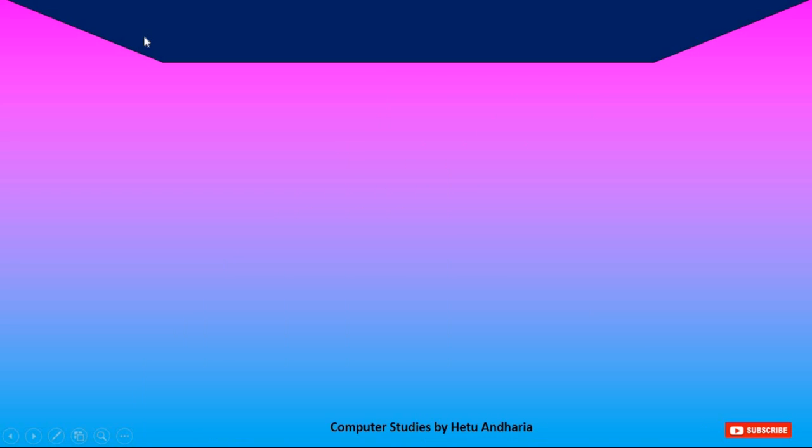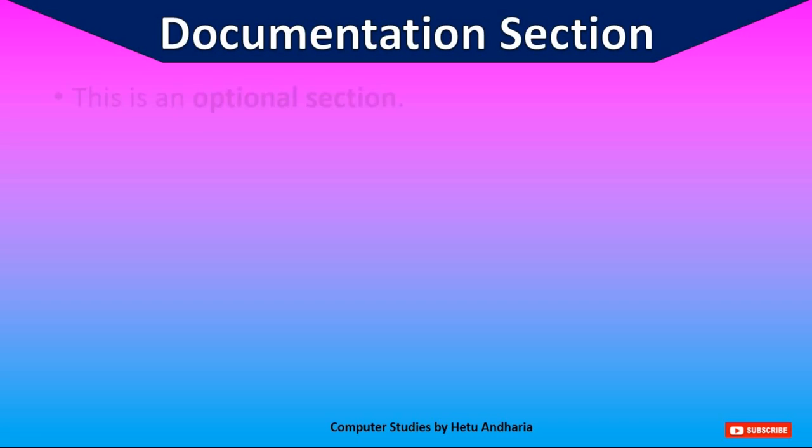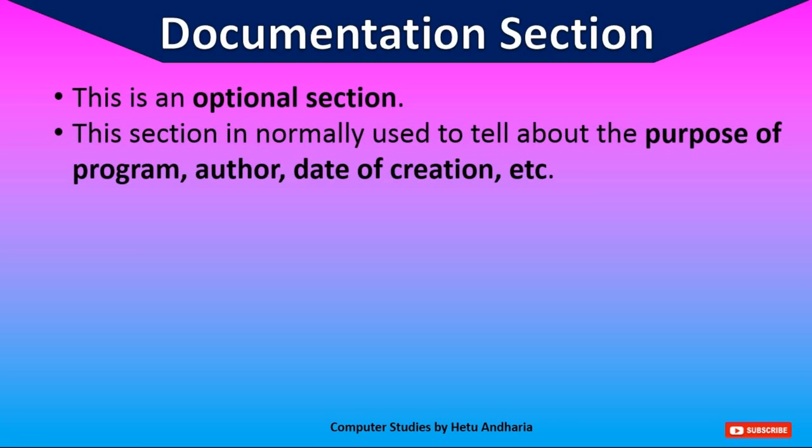First is documentation. This is an optional section. This section is normally used to tell about the purpose of the program, author, date of creation, etc. Now here it's not necessary that you have to type the purpose of the program, author and date of creation every time.